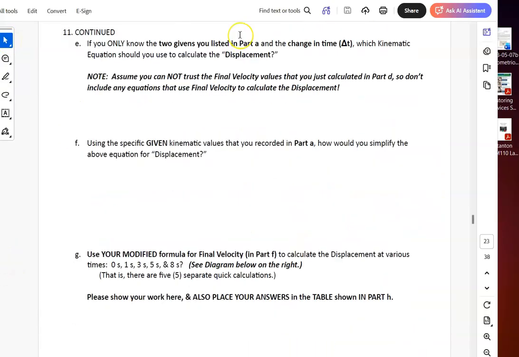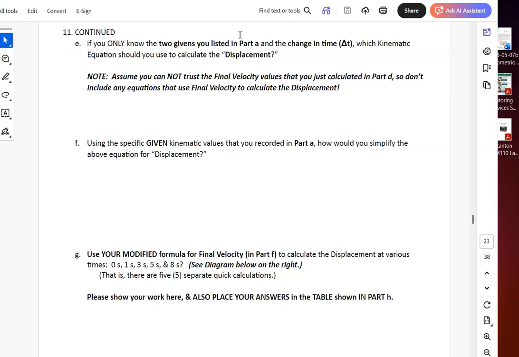Part E. If you only know the 2 givens you listed in Part A, remember those 2 givens where the initial velocity is 0 meters per second and the acceleration is g, which is negative 9.8 meters per second squared, as well as the change in time, delta t, which kinematic equation should you use to calculate the displacement?